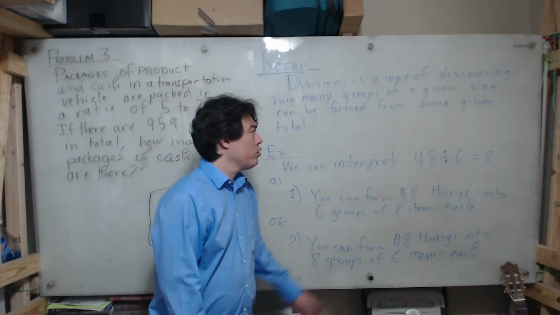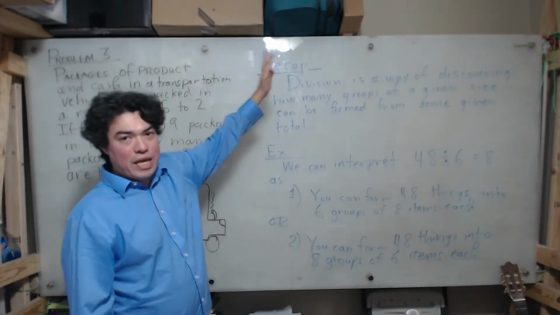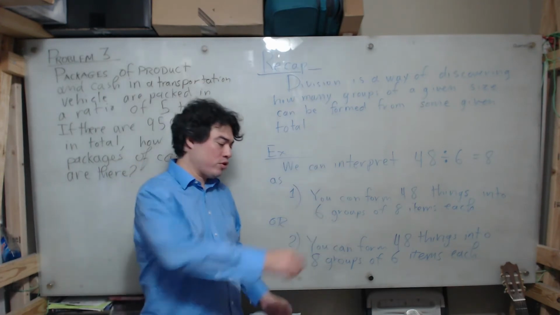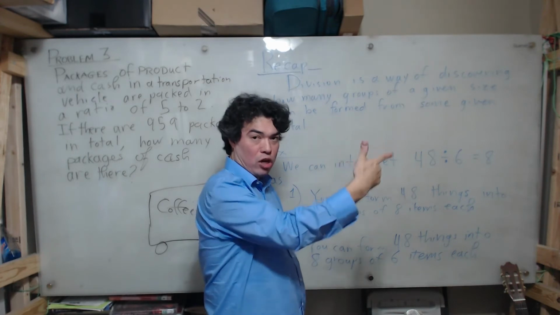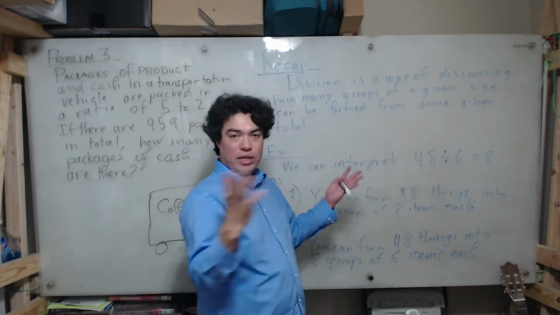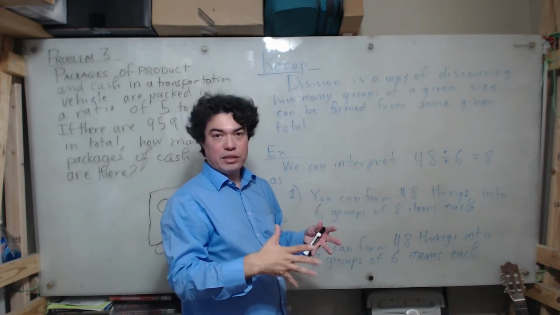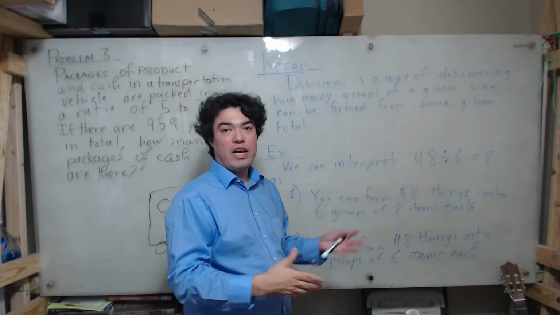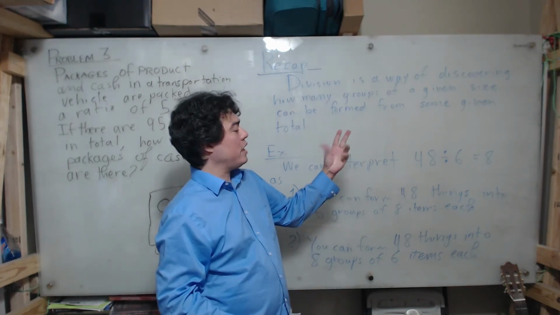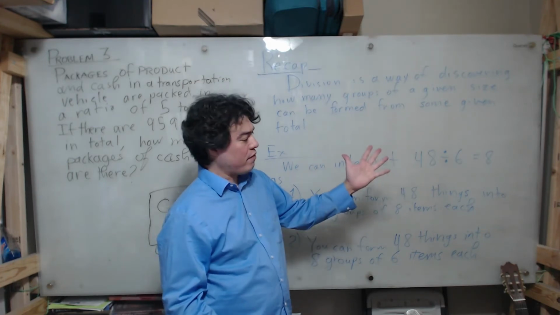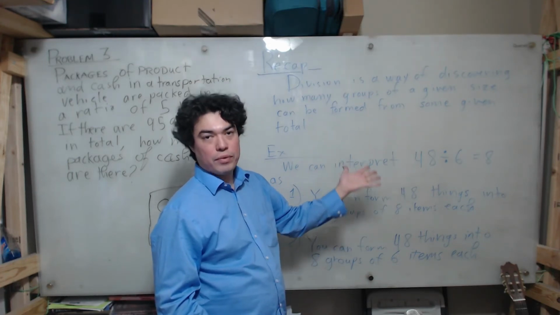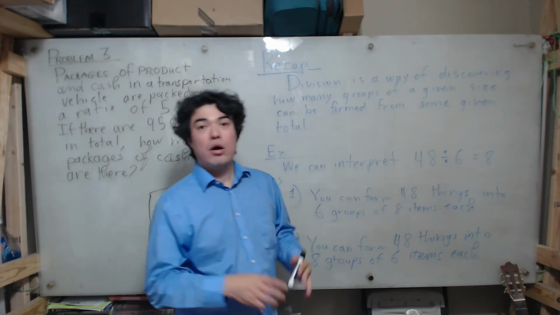The reason why I'm recapping this, of course, is because I always want you to remember whenever you're doing a mathematical operation, what it means. We know addition is the combining of things. 2 plus 3 equals 5, because if I have 2 things and I add 3 more, I get 5 total. Subtraction, of course, is taking away. If I have 5 and I take away 1, I'm left with 4. That's quite obvious.